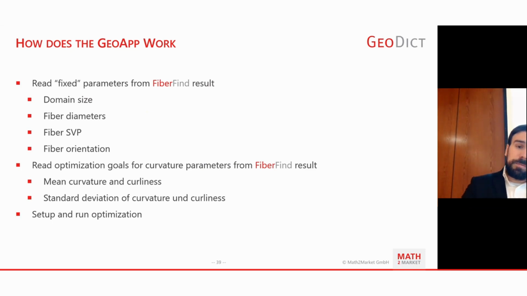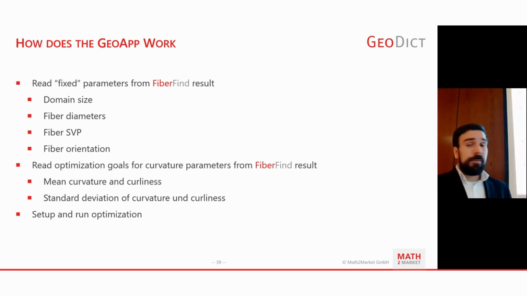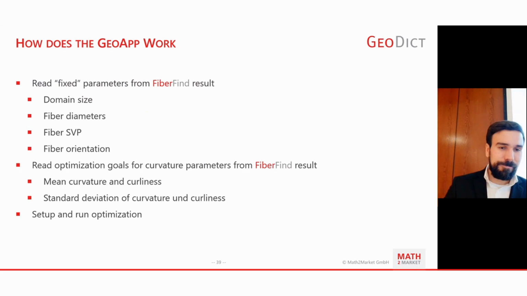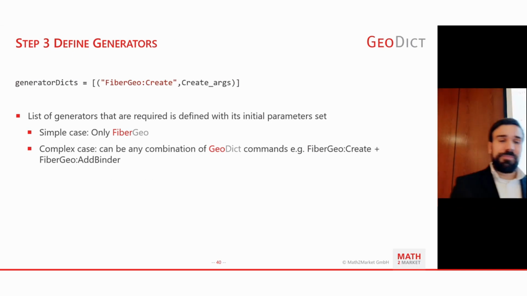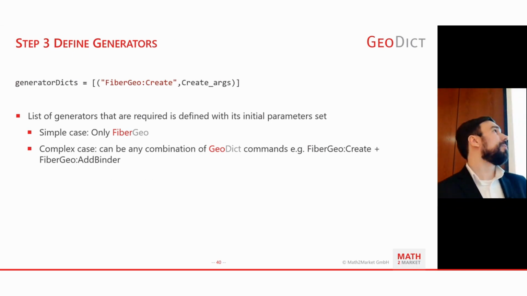We set up that optimization, we run it. That means we really realize a lot of fiber geostructures. In the FiberGeo result, we get, again, a curvature distribution, and we can compare that to our FiberFind result and hope they match. And usually it takes a few hours.